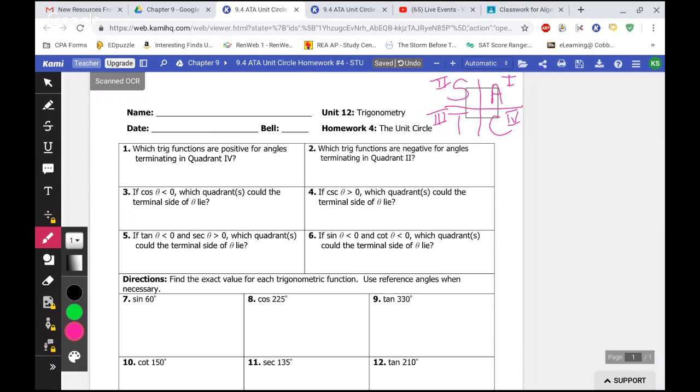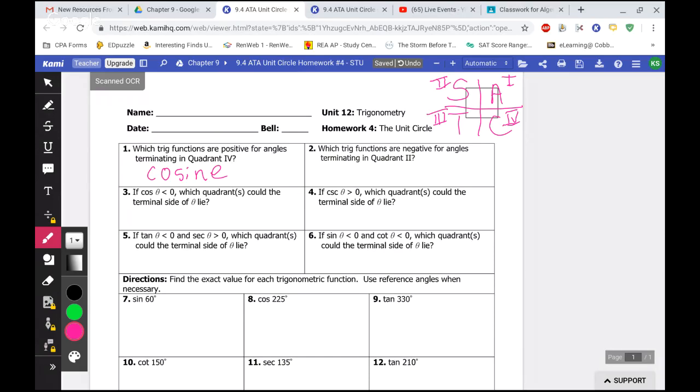So which trig functions are positive for angles terminating in quadrant 4? If you look at your little chart here, that's going to be cosine only. And the reason that cosine is the only one is your x coordinate for your ordered pairs on the unit circle.